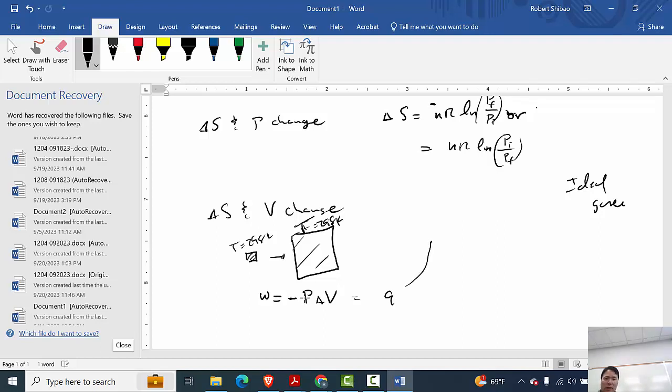Here, if we use some calculus, we're going to do infinitesimally small volume changes.